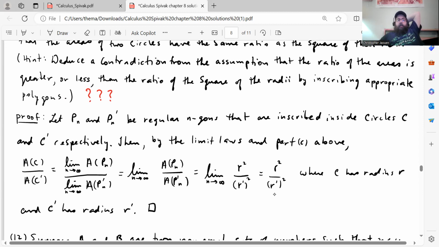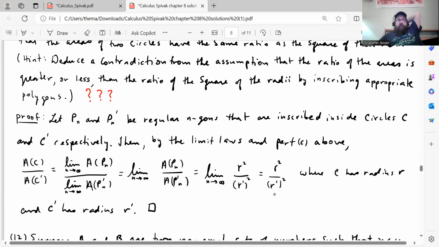So let Pn and P'n be regular n-gons that are inscribed inside circles C and C' respectively. Then by the limit laws and by part C above, the ratio of the area of circle C over the area of circle C' is equal to the limit as n goes to infinity of the area of Pn, divided by the limit as n goes to infinity of the area of P'n.